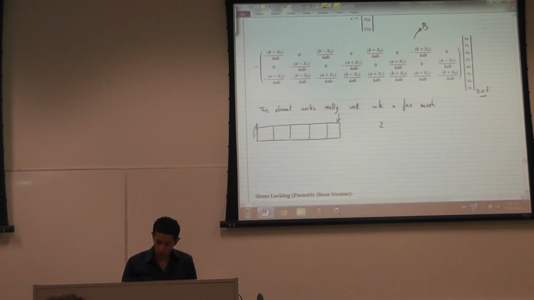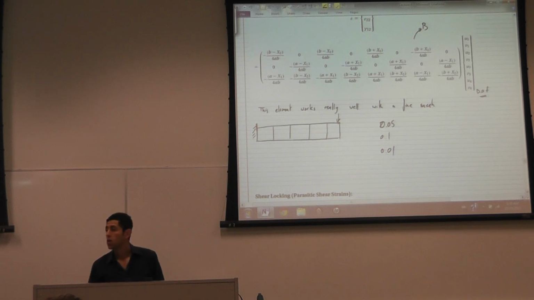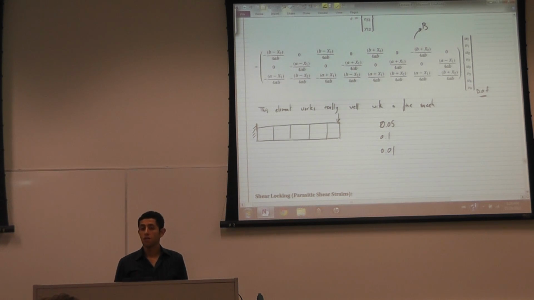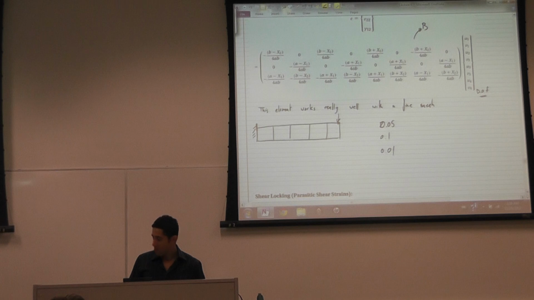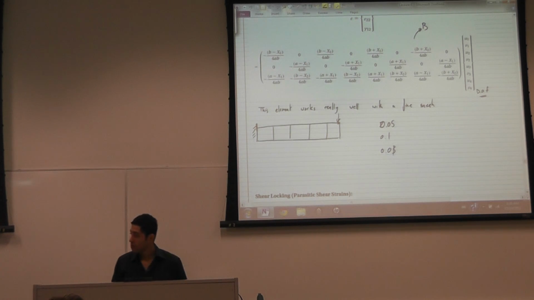Oh, so 0.05 is the displacement. Now what happened when you used one element? Was it 0.1 or 0.01? Well, that was the purpose of the assignment. I think I got like 0.3 actually. Or 0.03 or something. 0.03. So for one element? Yeah, for which Poisson ratio?